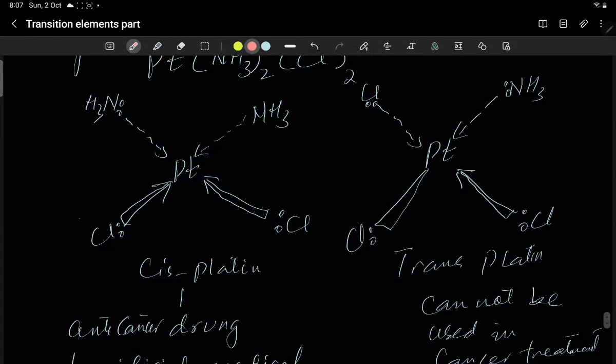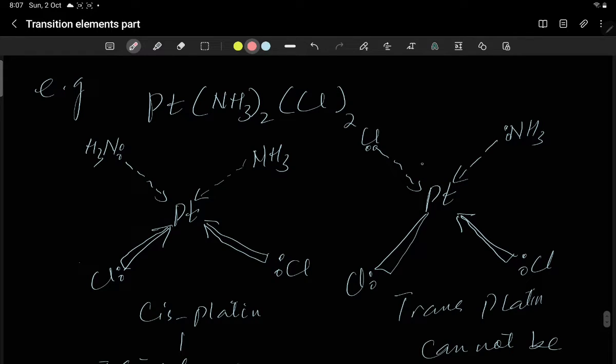For example, look at this Cl, this is 180 degree apart. Over here NH3, this is also 180-degree apart.